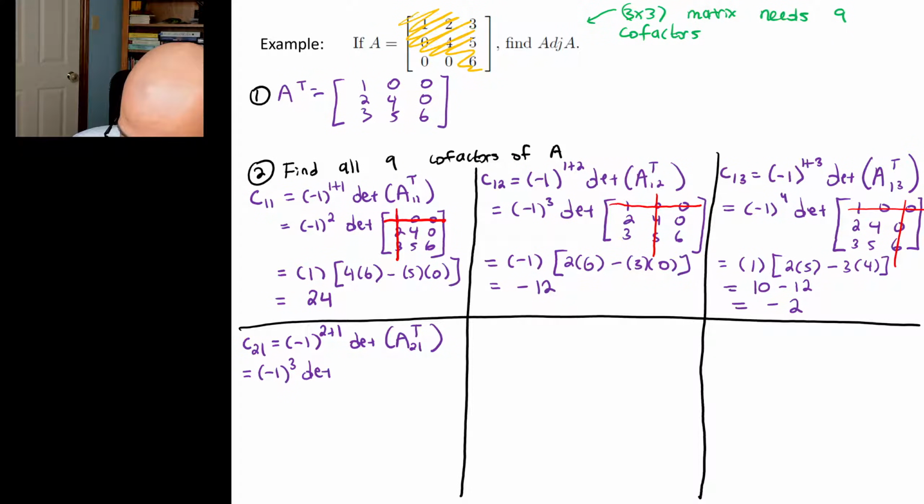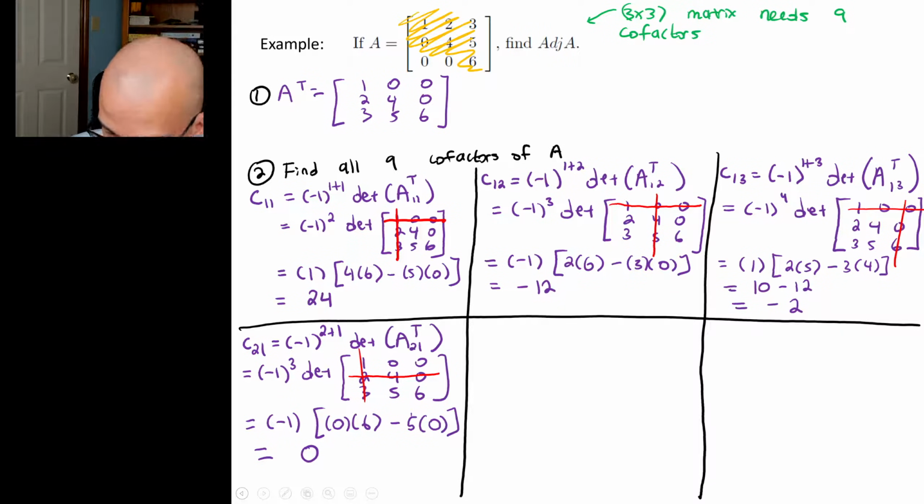Make a copy of that matrix: 1, 0, 0, 2, 4, 0, 3, 5, 6. And then we're going to hide row 2, column 1, and take the determinant of what's left. And we get -1 multiplied by 0 times 6 minus 5 times 0, which is 0.